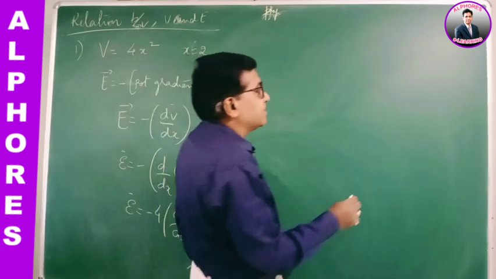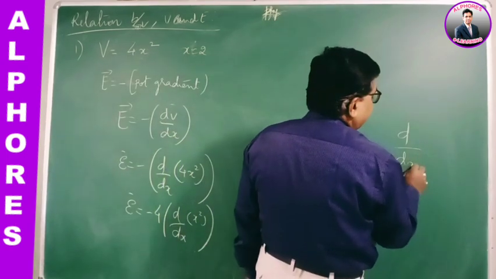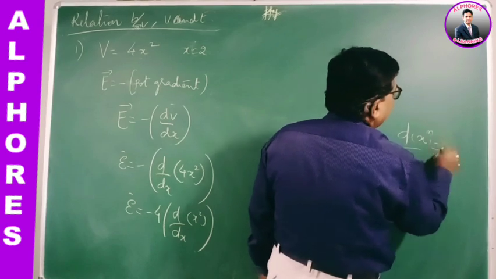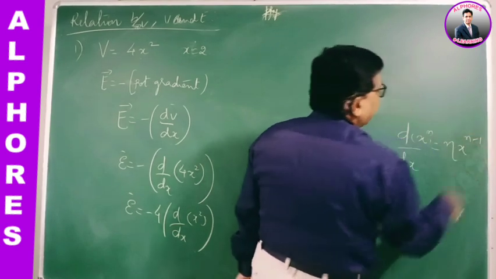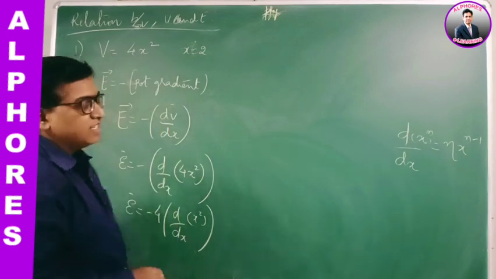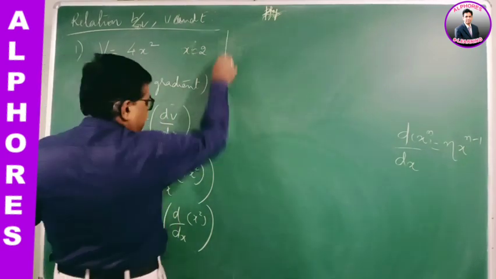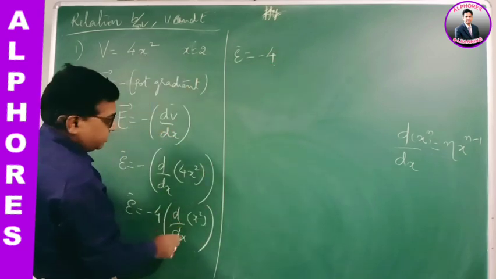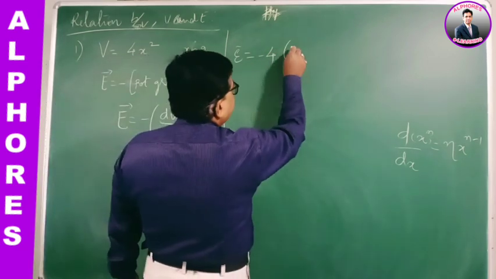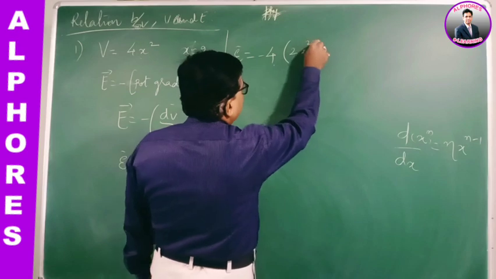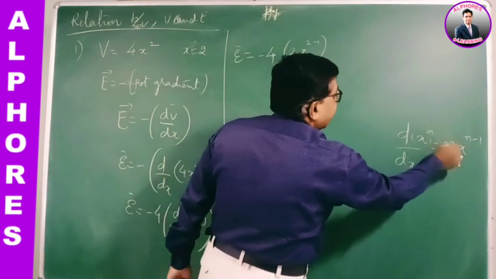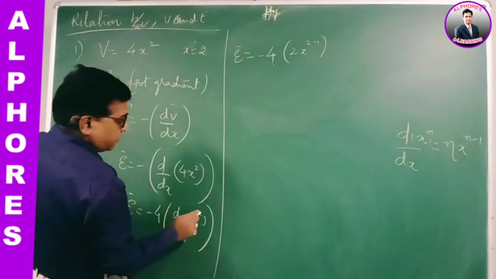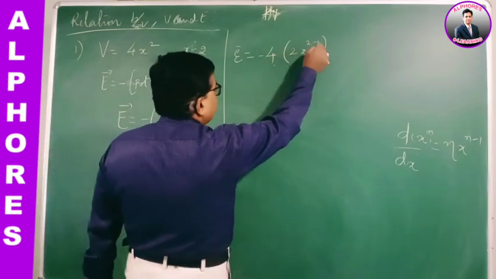Well, we have studied in first year that the differentiation d by dx of x power n is n x power n minus 1. So E is equal to minus 4 times the differentiation of x square, which is 2x power 2 minus 1.